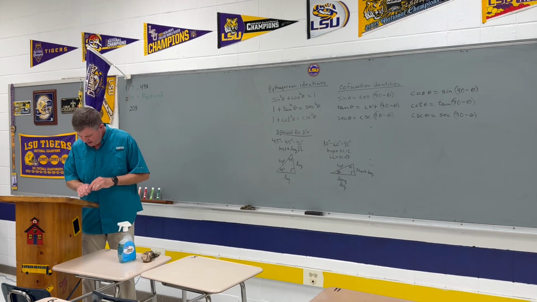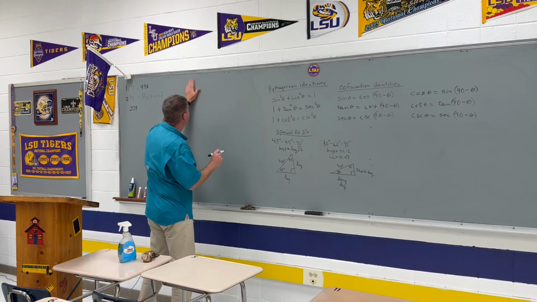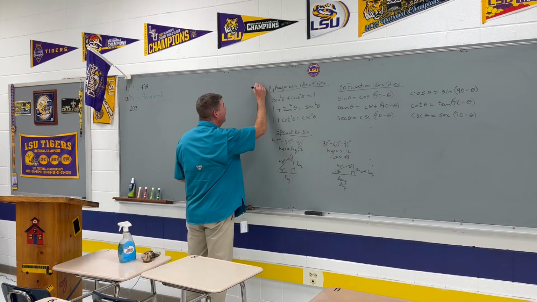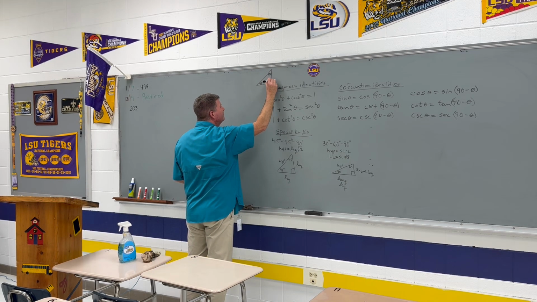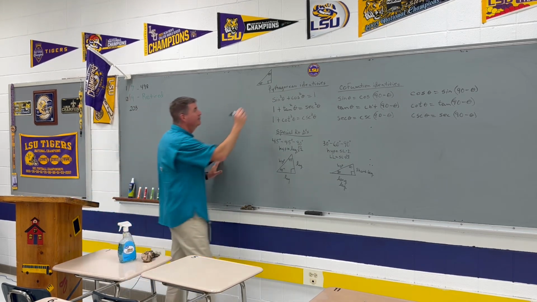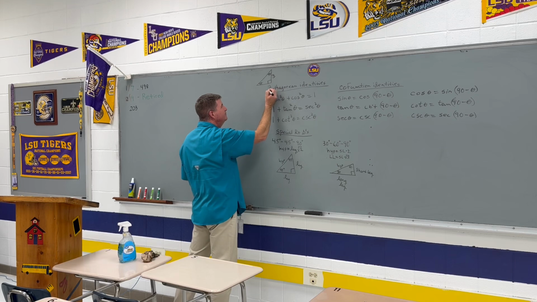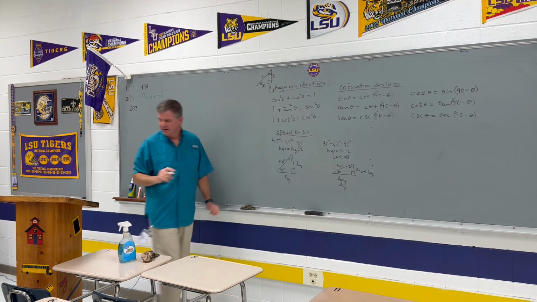Okay, we're given a triangle, and it is a 45, 45, 90. They're saying that one side is 3. We're trying to find the other two sides.